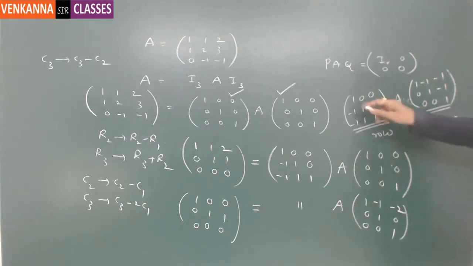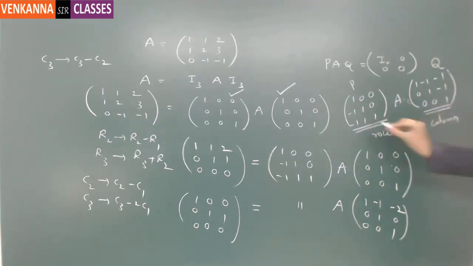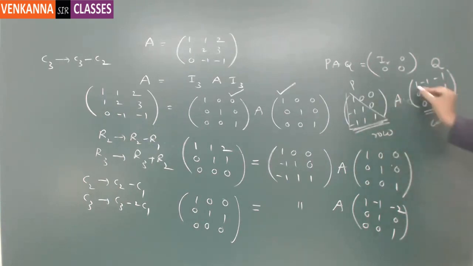So we take that this is the matrix P and this is the matrix Q. Obviously, if you observe this pattern, P is a lower triangular matrix and Q is an upper triangular matrix. So in one way you can say that you are going to represent the IR00 normal form where P and Q are lower and upper triangular matrices.